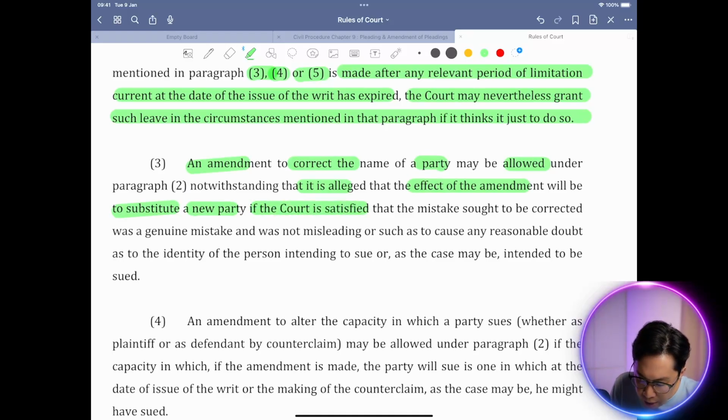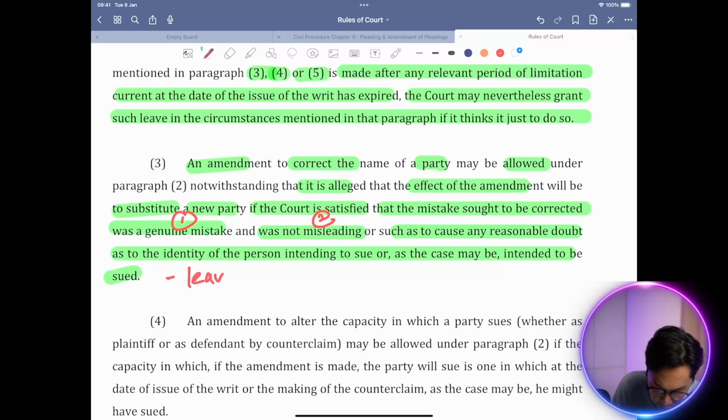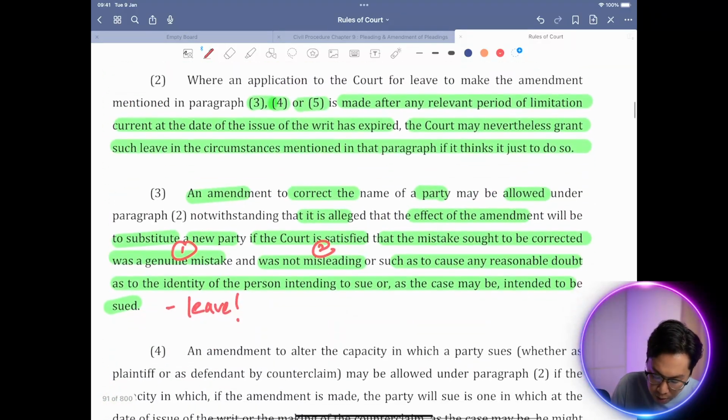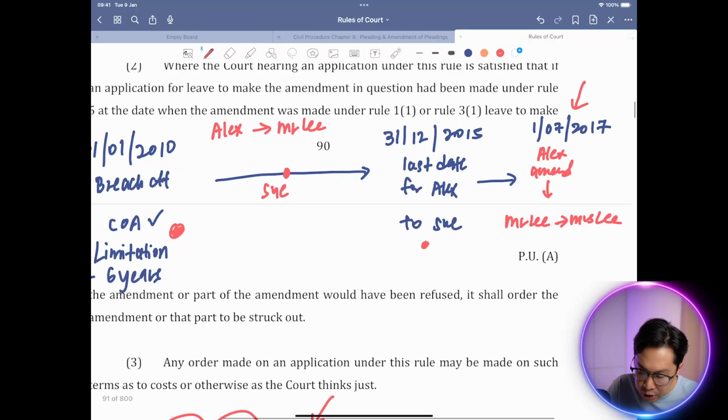If the court is satisfied that the mistake sought to be corrected was a genuine mistake, was not misleading, and did not cause any reasonable doubt as to the identity of the person intending to sue. So what is the requirement? You need leave here. And why is it allowed? Because we talk about limitation. You start here, the due date is here, and now you come in after limitation, after 6 years already, only then you want to change.